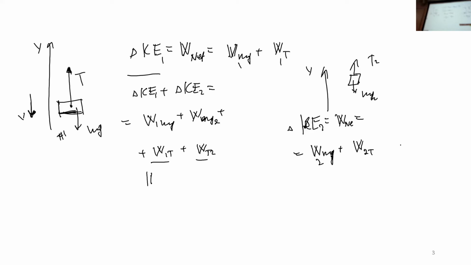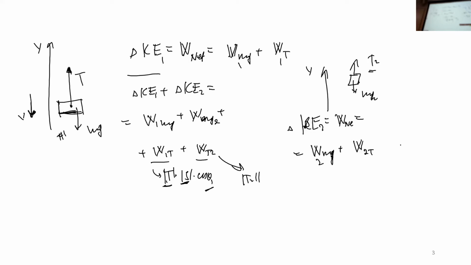Work equals force times displacement times the cosine of the angle. Number 1 and number 2 in both situations, tension 1 and tension 2 have the same magnitude. Distance traveled is the same for both. The only difference is this cosine.